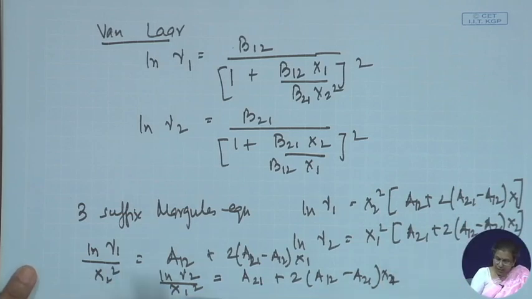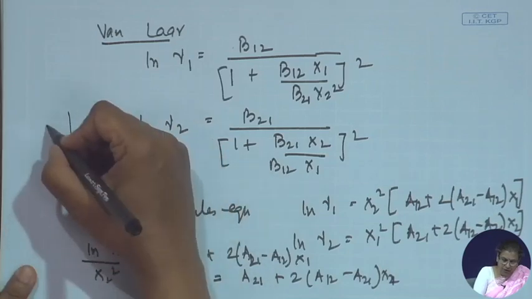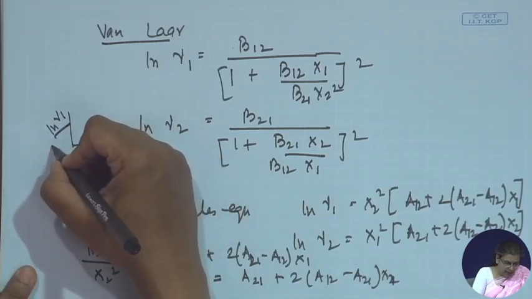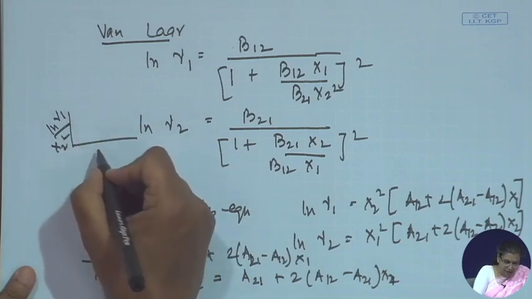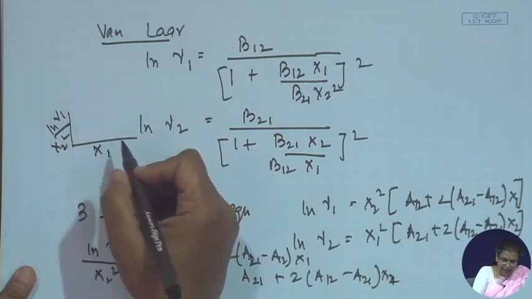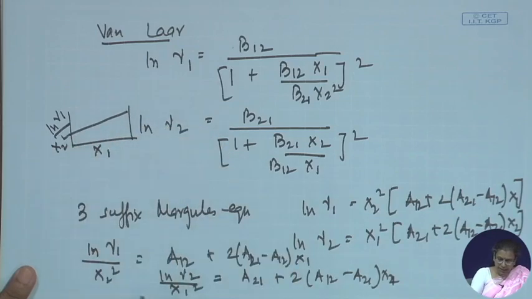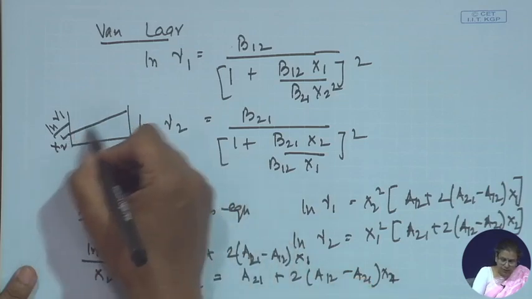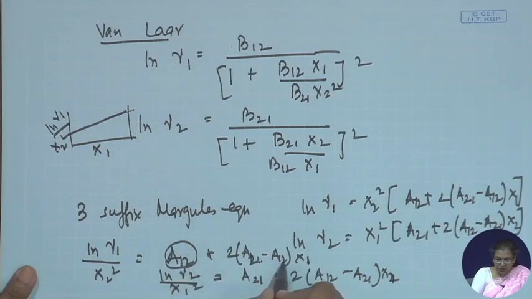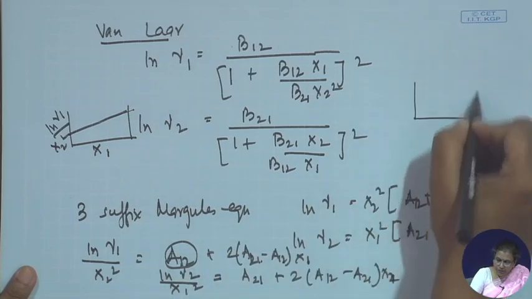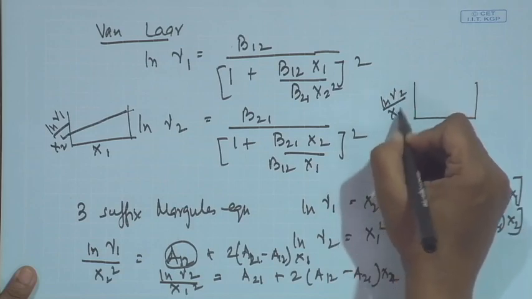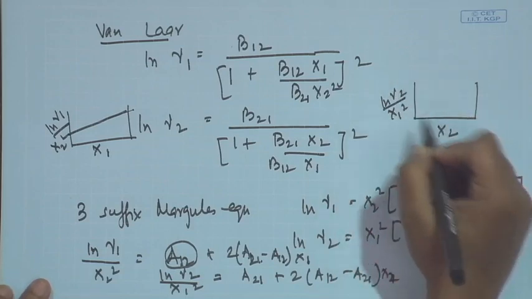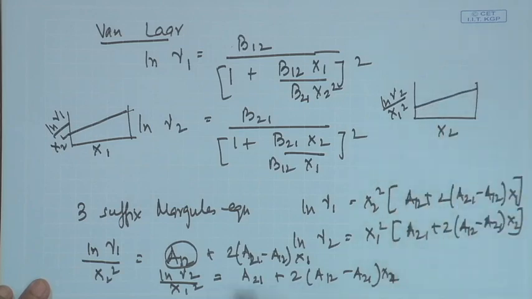Fine. So, does it not imply that if I have a plot of ln gamma 1 by x2 square versus x1, then it should be a straight line, and that particular straight line should have an intercept of a12 at x1 equals 0. So, from this particular straight line I should be in a position to find this. In a similar way, I can also plot ln gamma 2 by x1 square as a function of x2, and also generate a straight line.